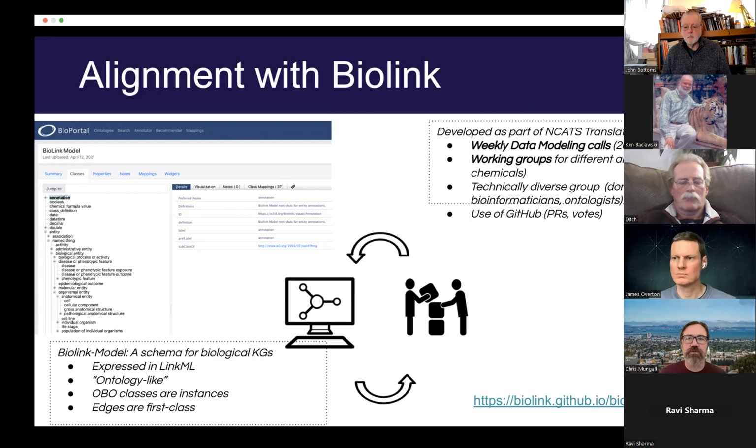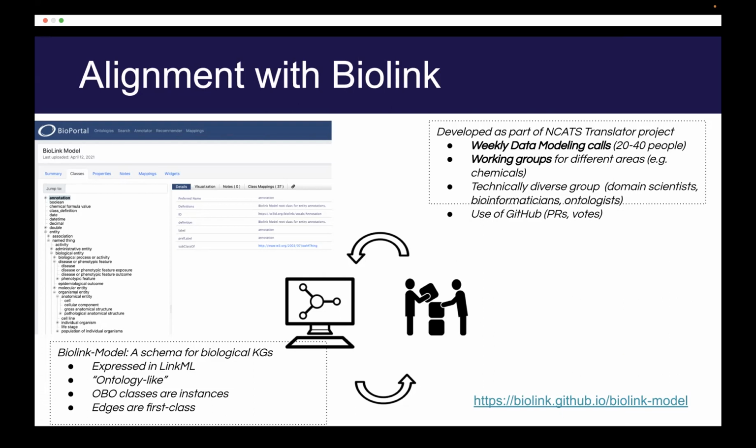But the working groups for this were very much driven by non-ontologists, people who are bioinformaticians and domain specialists. So what you ended up with here is even less focus on some of the upper ontology abstractions, and essentially we just created nodes for diseases and phenotypic features and so on, without really worrying too much about how they fit within an overall broader ontological framework.